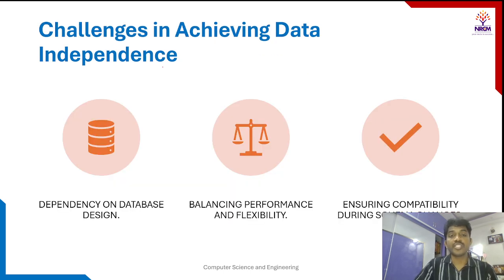The challenges in achieving data independence. The first one is the dependency of the database design. In the database design, you should plan accordingly for the physical level and the view level. If you do some changes in the database design, it should not affect the user level. And the next is balancing the performance.